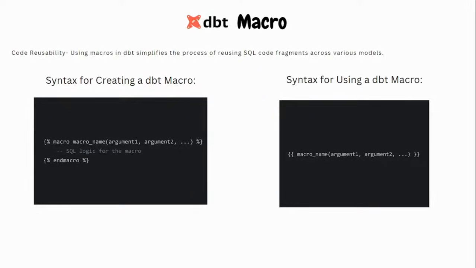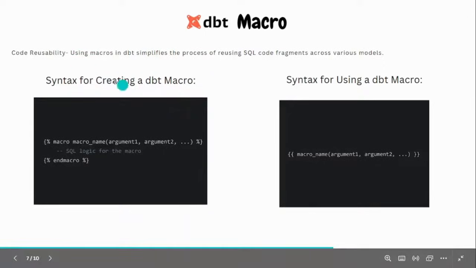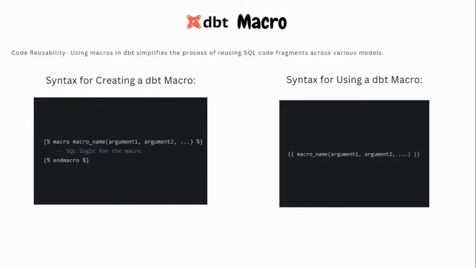If you look at the screen, on the left side we can look at the syntax for creating a dbt macro, which looks pretty straightforward: curly braces starting with a percentage sign, then macro, the macro name, then the arguments we're passing. From here to here it looks like a function name and the arguments you're passing, and then percentage, curly braces, the SQL logic for our macro, and then closing the macro.